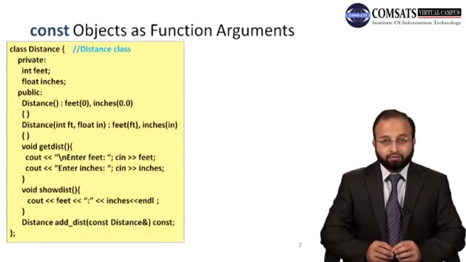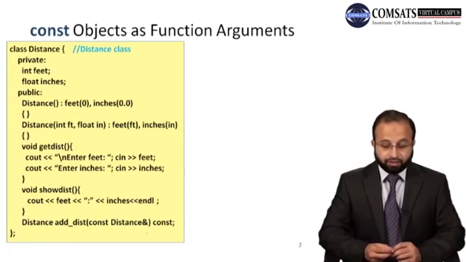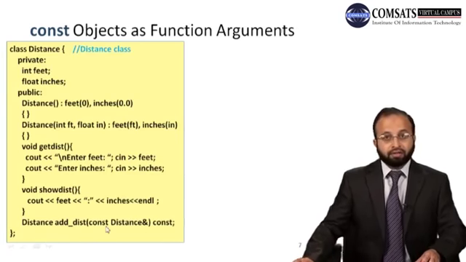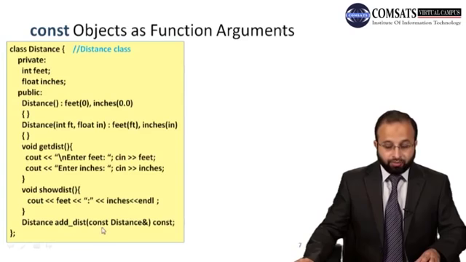Now if you pass that object by reference, this means that the reference of that particular object is created in the addDist function, and through that reference the addDist function can change the value of the original Distance object that you passed to this function while calling it. So to avoid this change, you make this parameter a constant parameter.